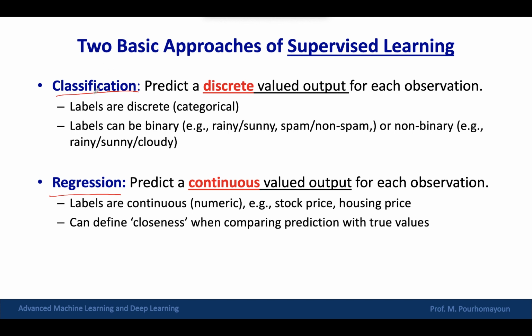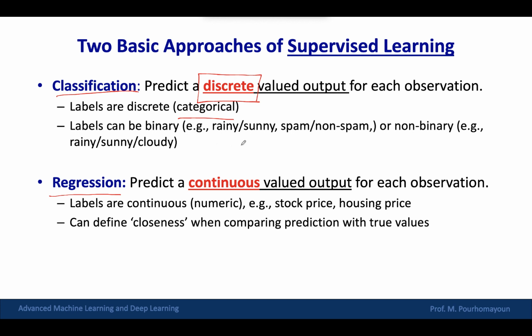In classification, we predict a discrete valued output. Remember that. The labels are discrete or categorical. It can be binary or non-binary, doesn't matter.